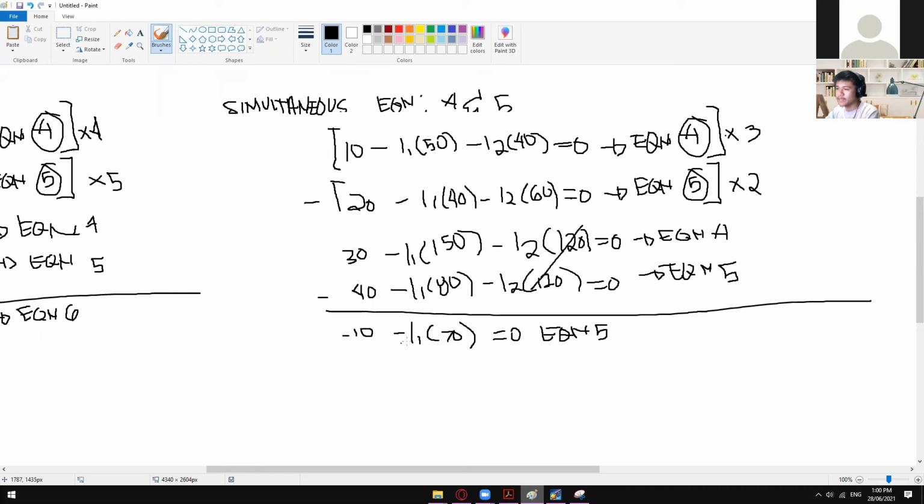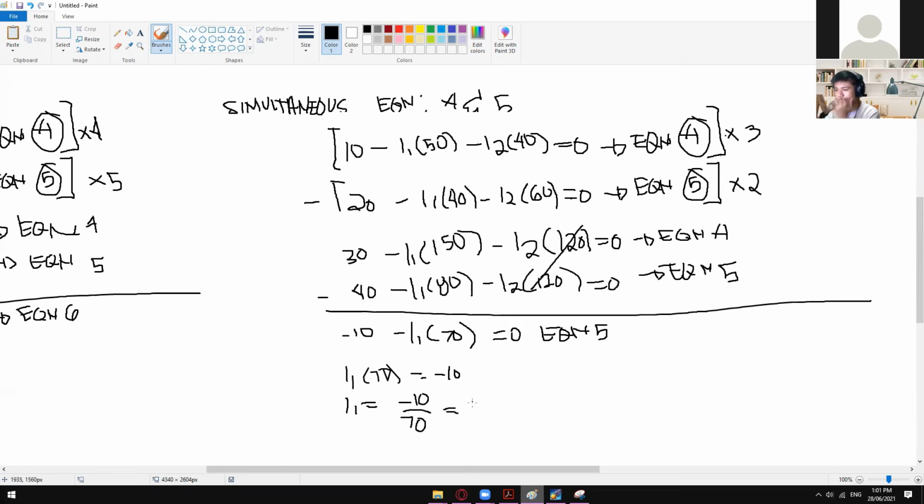Okay, so again, you can now simplify this one a little bit more for you to be able to get the value of I1. So just transpose this one to the other side. So let's just make this one positive I1. I1 times 70 is equal to negative 10, since the one that we transposed is this expression right here. And then from here, I1 will become negative 10 divided by 70.